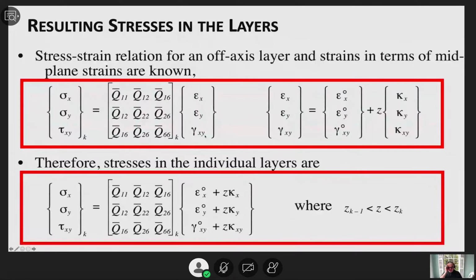But something that we said, and my slide doesn't show the raising of those quantities, but the strains in each layer, if I leave the midplane, is equal to the midplane value plus z times the kappas, the curvatures. But in this particular case, kappas are also 0.